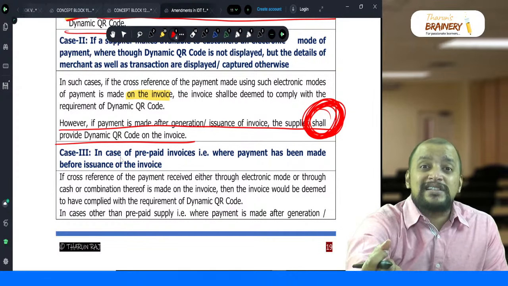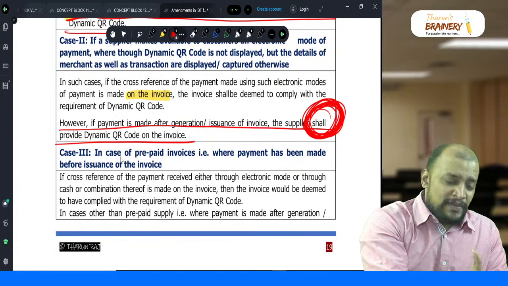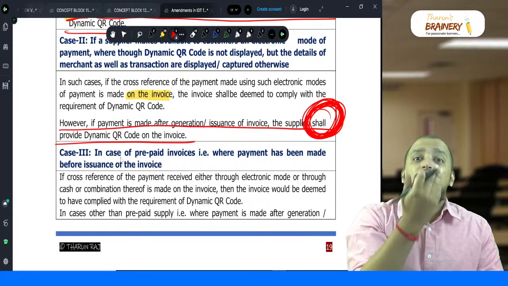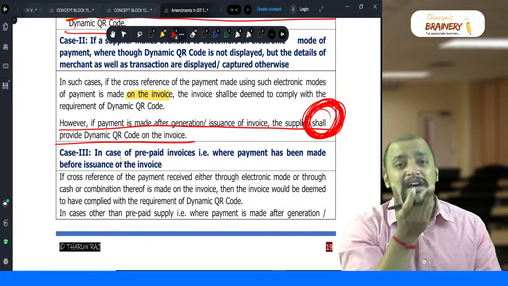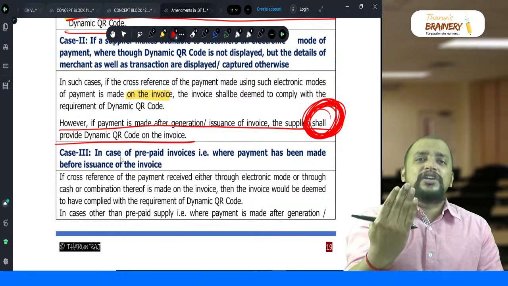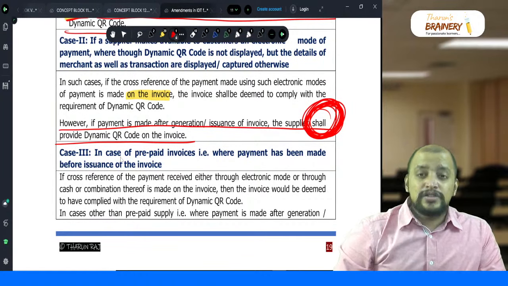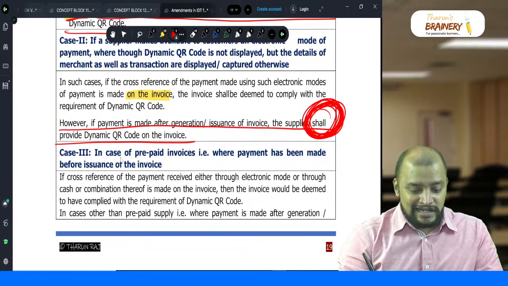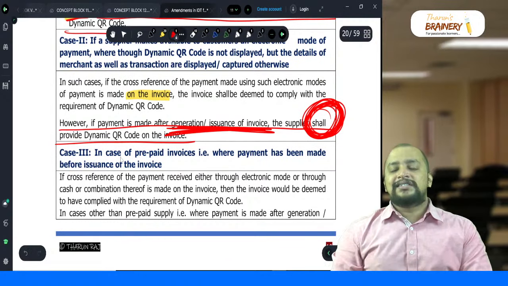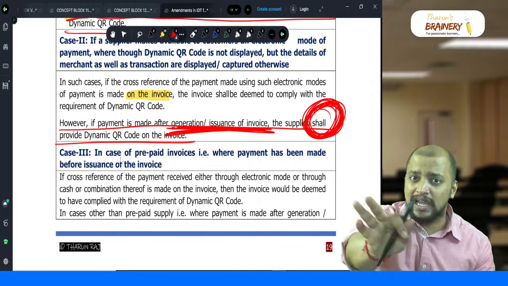Only when the payment is collected before the date of invoice, either through debit card, credit card, UPI or any other card, then the document reference number, the credit or debit card transaction ID should be entered. If it is UPI, scanning a static QR code, then also the transaction ID needs to be entered. Suppose the payment is collected after generation of the invoice, then definitely there should be a dynamic QR code present.